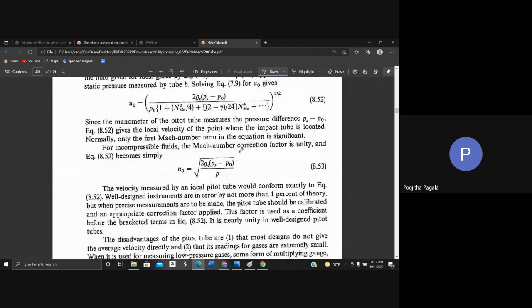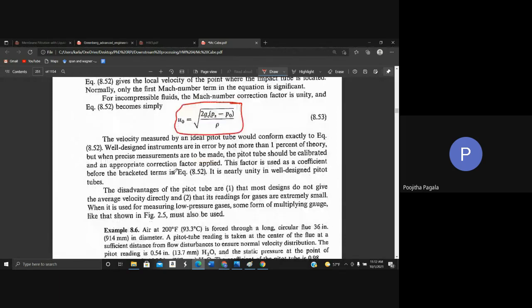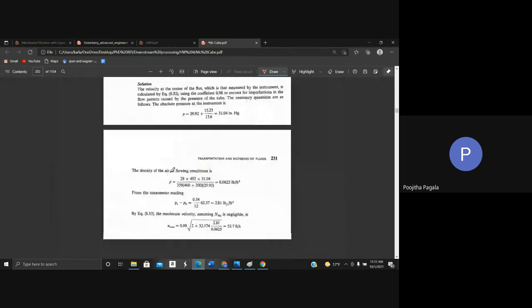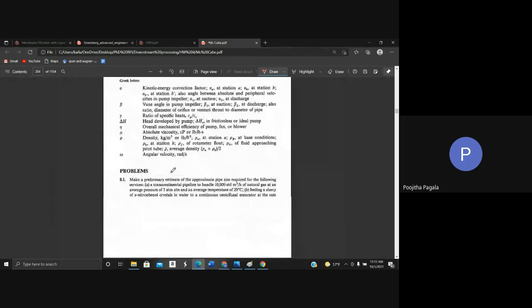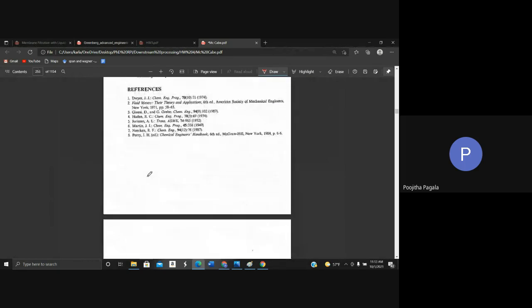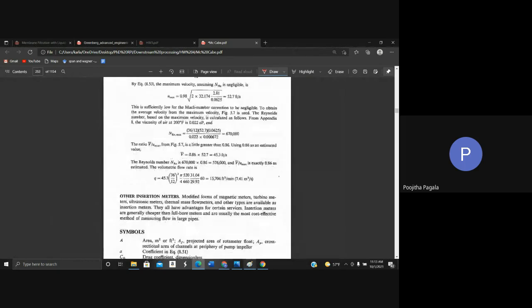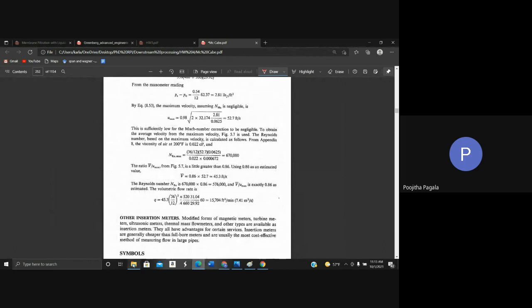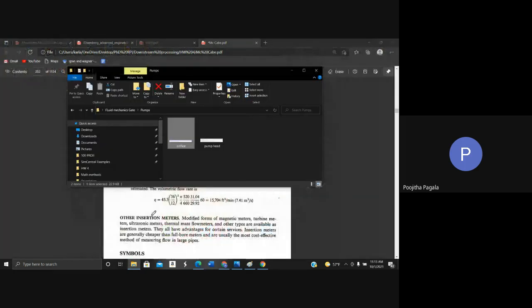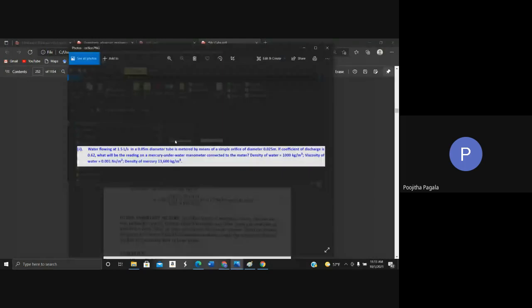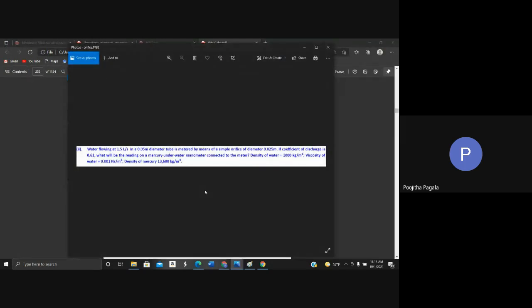In the pitot tube, with this formula you can calculate velocity. These are the flow measuring devices. Let us look at a problem. Okay, try this. Try this problem.